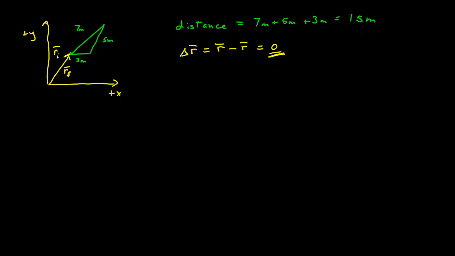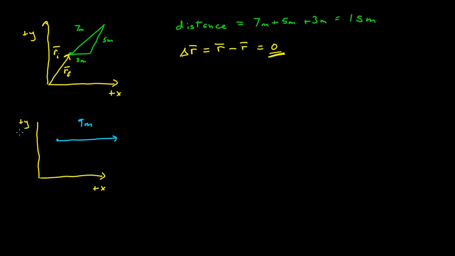Okay, let's look at another example. Let's say I have a particle that simply moves in one direction in a straight line. This particle moved 9 meters. Let's give ourselves a coordinate system. It moves 9 meters in the positive x direction.